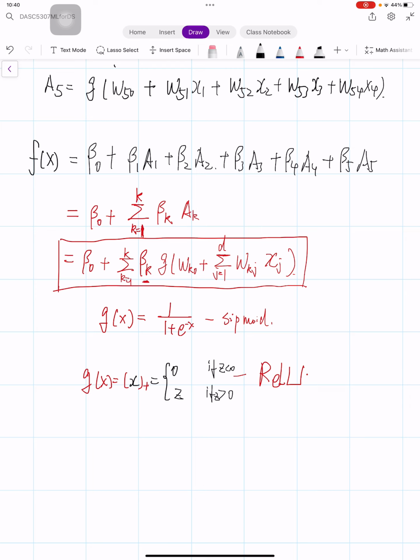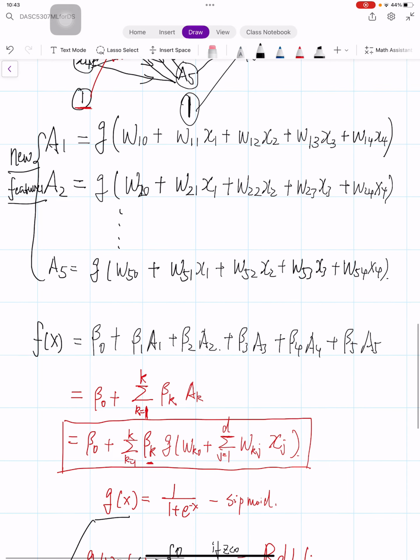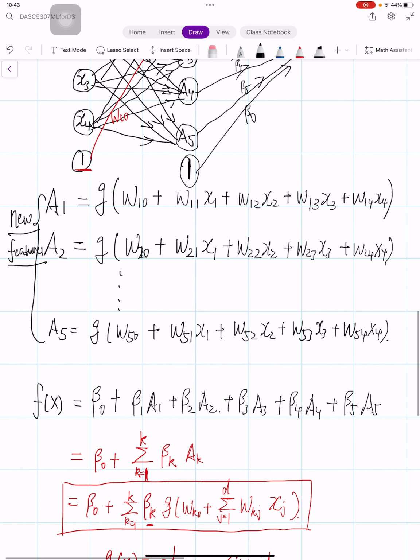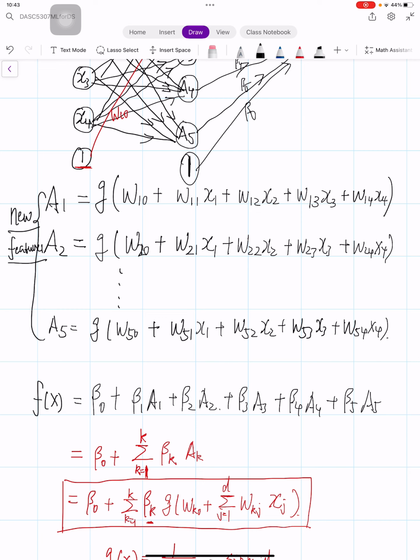There is another name for this function: we call it the activation function. These are very important. Without this activation function, this is just linear combinations, and at the end, even if you have multiple layers, your final model will be a linear function of linear functions, a linear combination of linear functions.